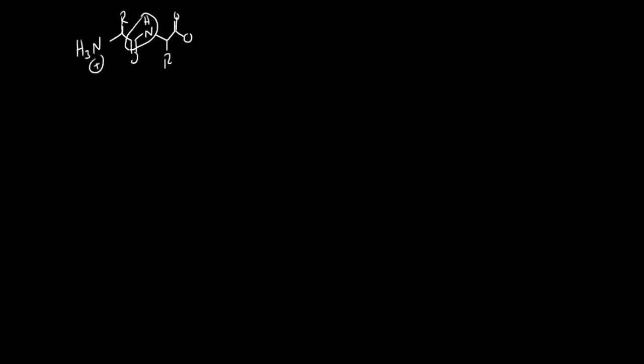What's really important to recognize in terms of peptides is that because the C terminus and the N terminus of individual amino acids are tied up in this peptide bond, they're no longer reactive.